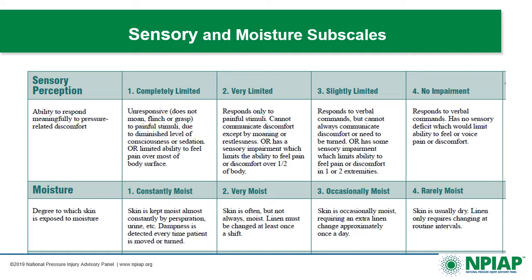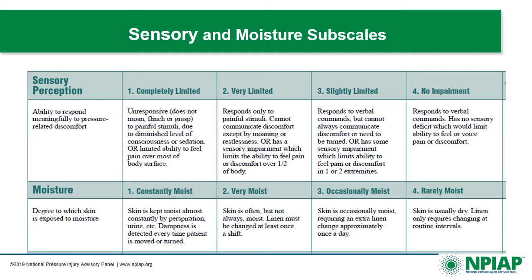Slightly limited is the patient who has more cognitive ability now, but doesn't feel pain in 1 or 2 extremities. So if you're taking care of a patient with a fractured hip or a total knee replacement, that patient would be slightly limited. And then the patient with no impairment doesn't have any disability of sensation or perception. So they can tell you it's time to turn. They can sense it's time to turn.